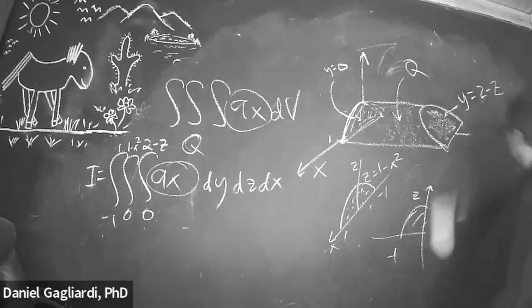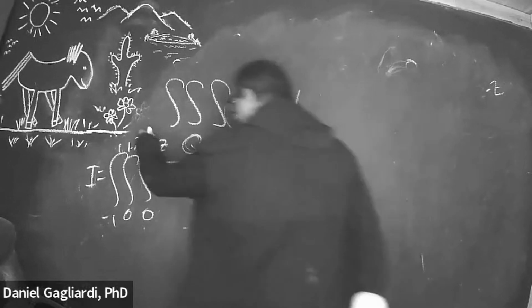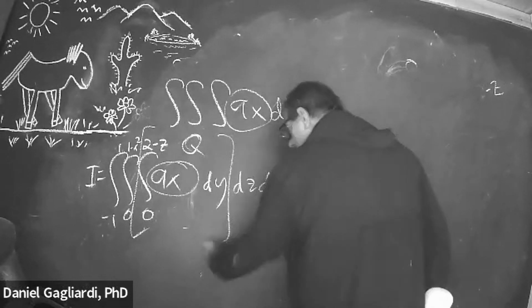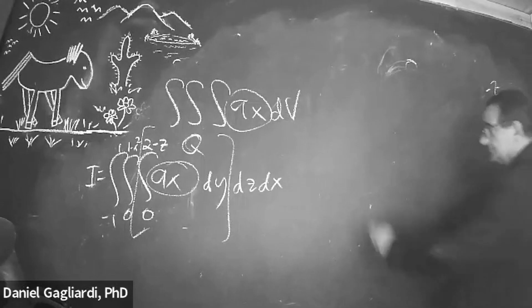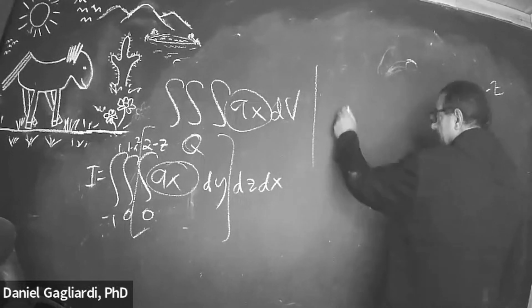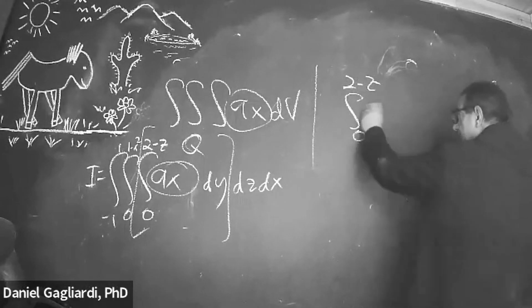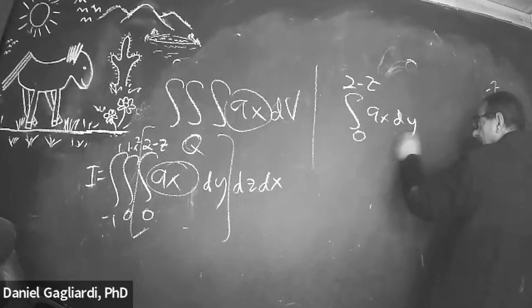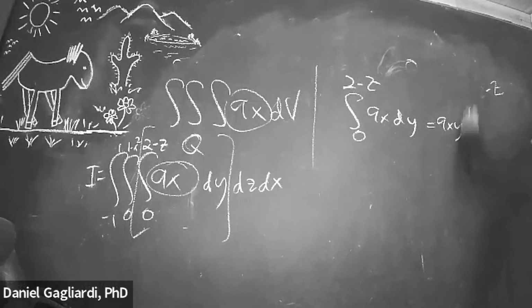All right, so let's have at it. Once again, we're going to evaluate the integral as an iterated integral. We have an integral with respect to y. Here's some scrap paper. It goes 0 to 2 minus z of 9x dy, with 9 and x being constants. We get 9xy between 0 and 2 minus z.